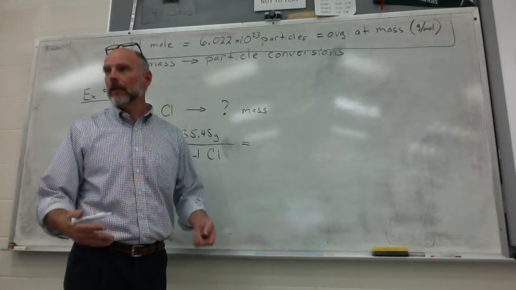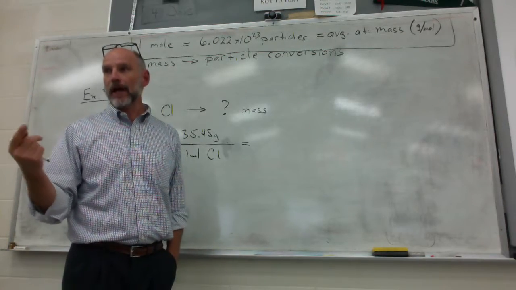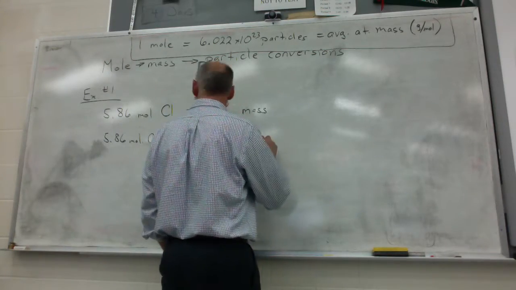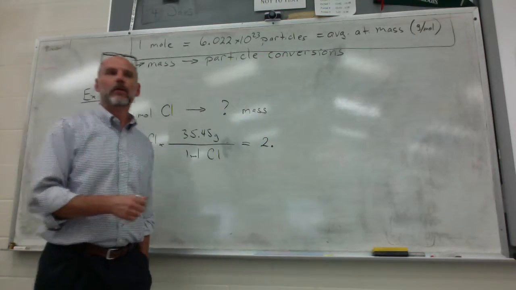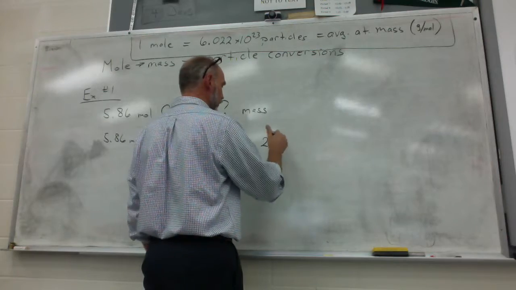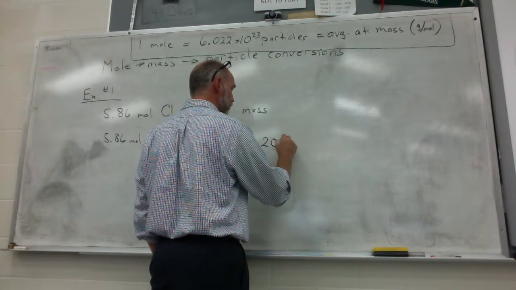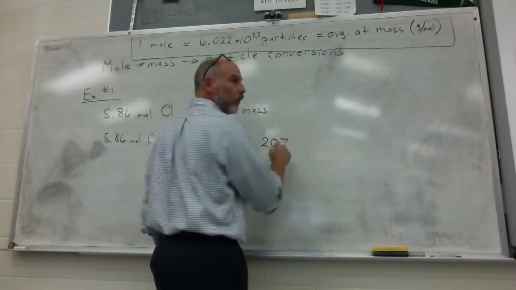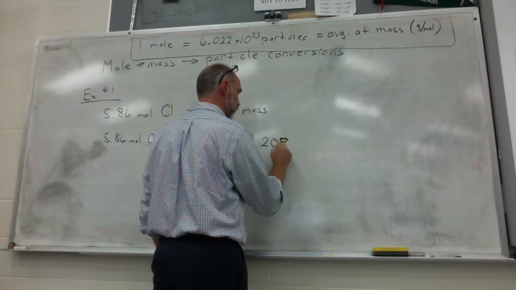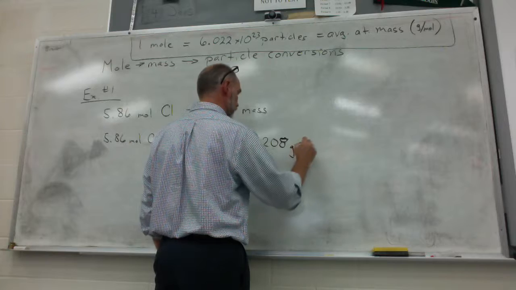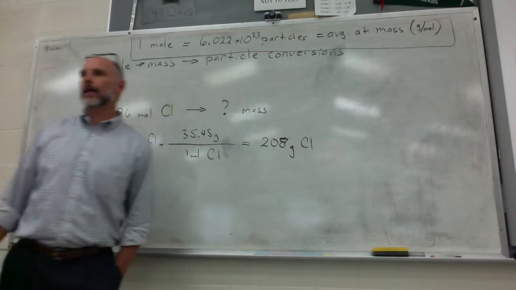We're estimating. I thought one significant figure would be best. Now, how many significant figures are allowed in that? Yep, just 3. So 207, you say? 208. Okay, so we have 208 grams of chlorine.